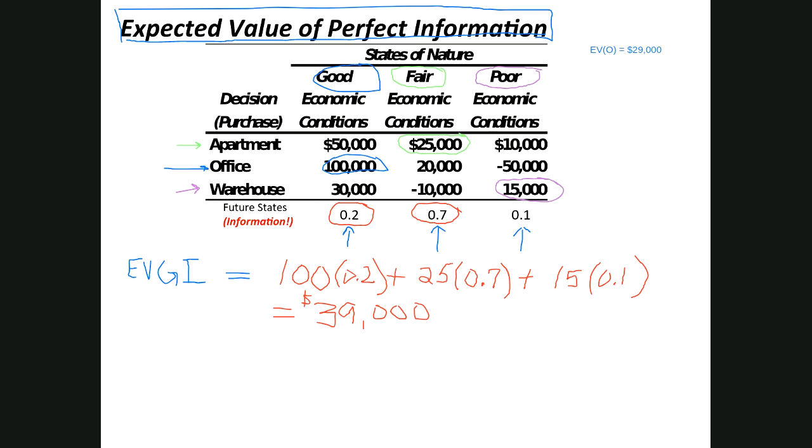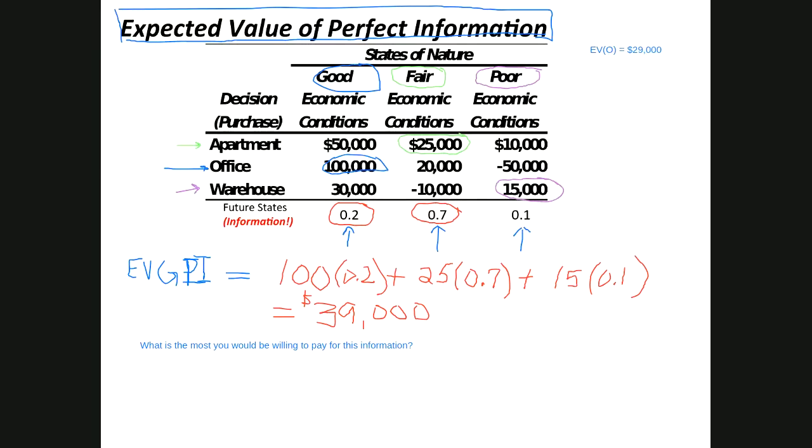This is the expected value given perfect information. All right. But now, the important question is, what's the most you'd be willing to pay for this information?